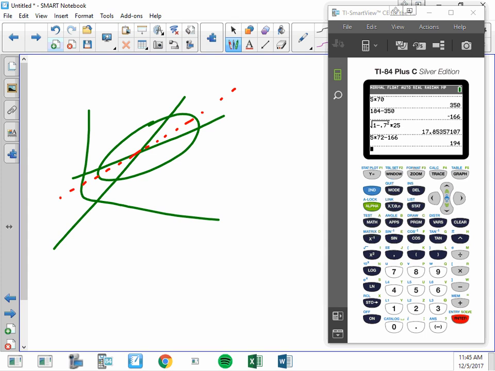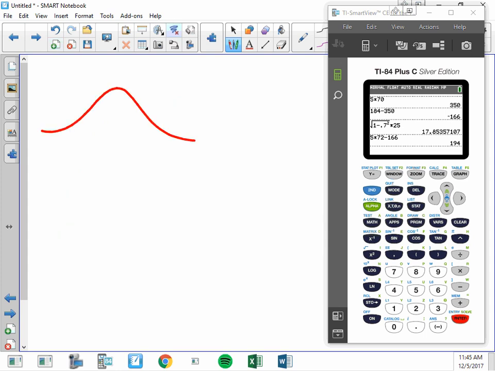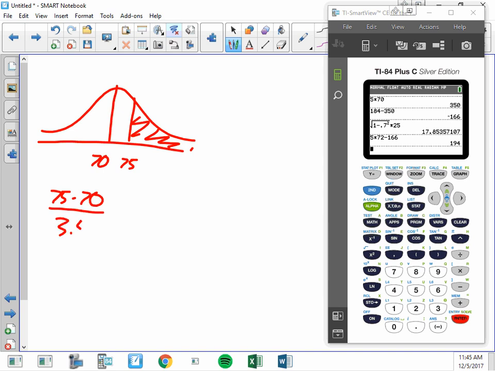Okay. What percentage of fathers were taller than 75 inches? So we draw our normal curve, and our average is 70, and we want taller than 75. So we want this area over here. 75 minus 70 divided by 3.5, which is 5 over 3.5.